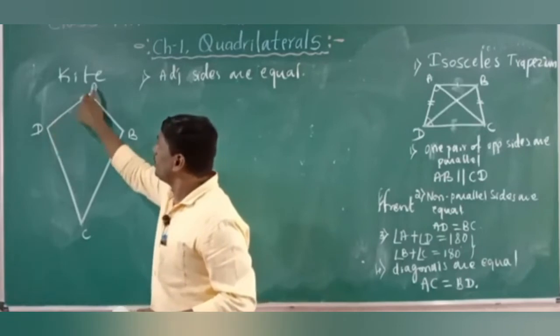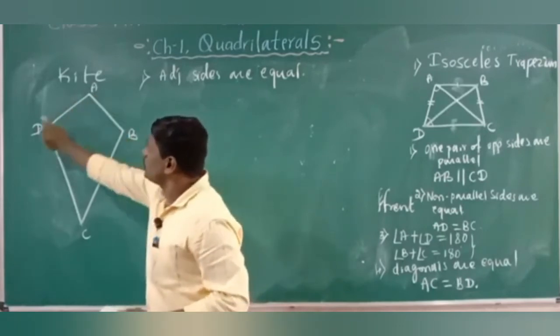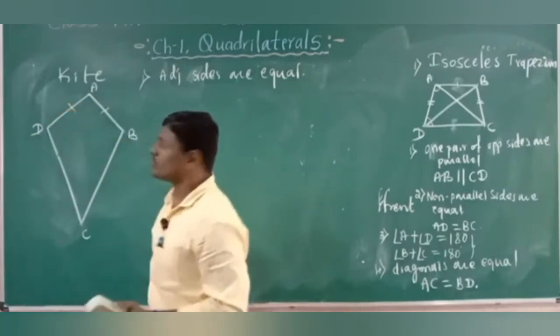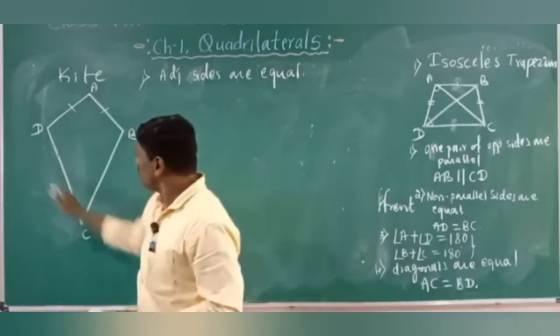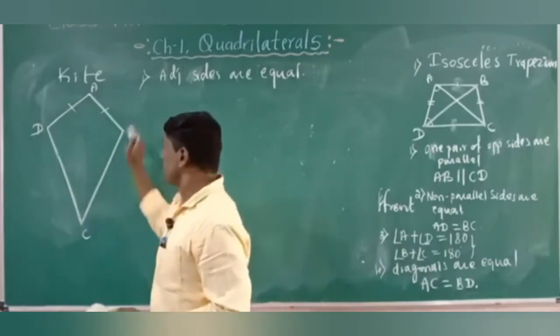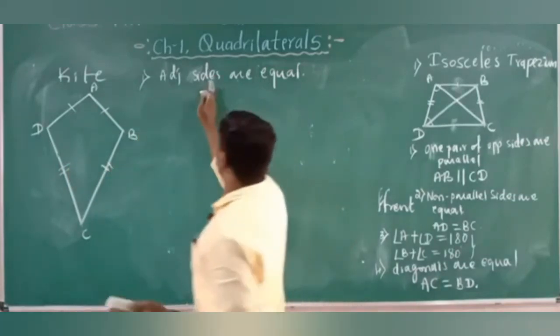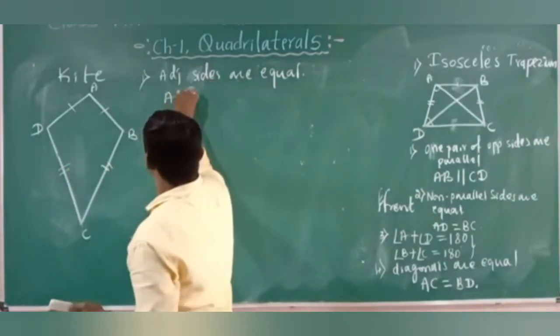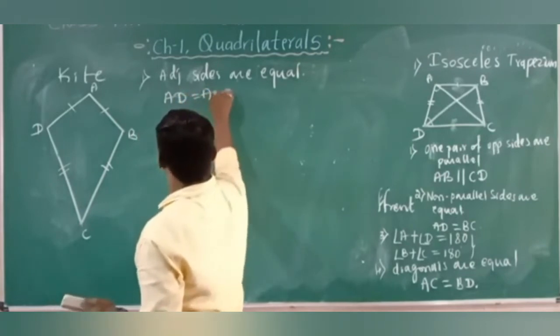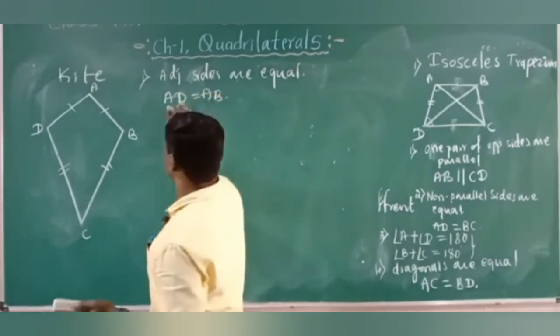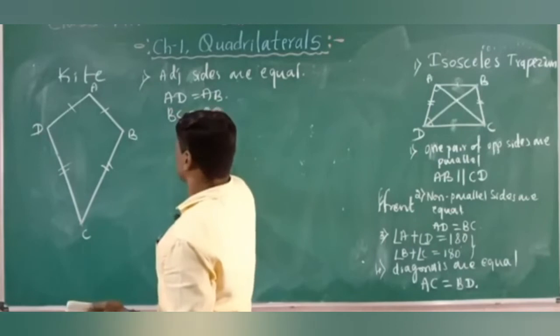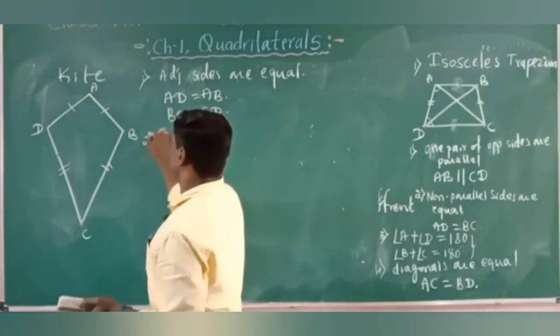For example, here AB is equal to AD. The length of these two sides are equal, but it is not equal to CD and CB. So AD is equal to AB and one more pair is BC, which is equal to CD.